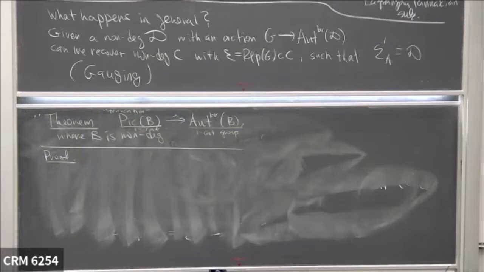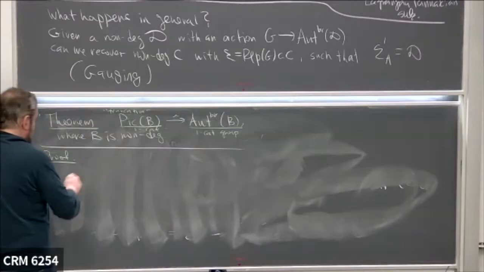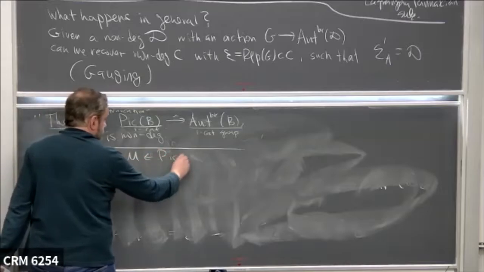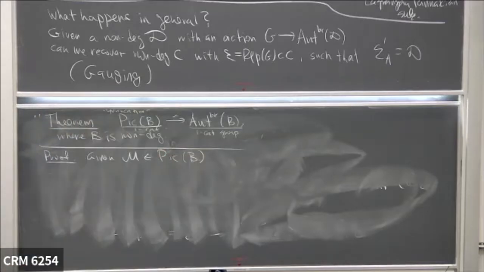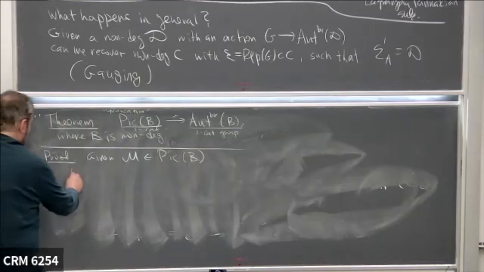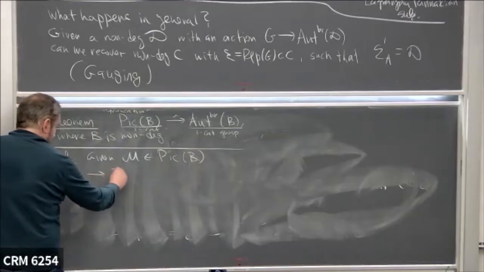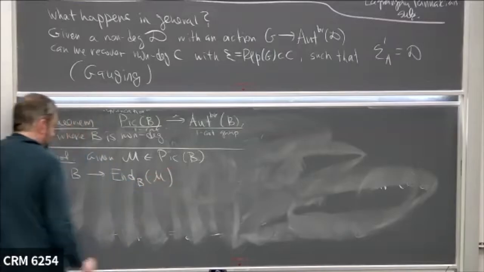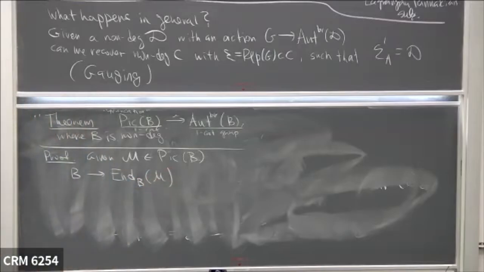Okay, so the way this works is the following. Given an invertible bimodule category, we have two equivalences. We have equivalence between B and bimodule endomorphisms of M. Again, think about ring theory, right?